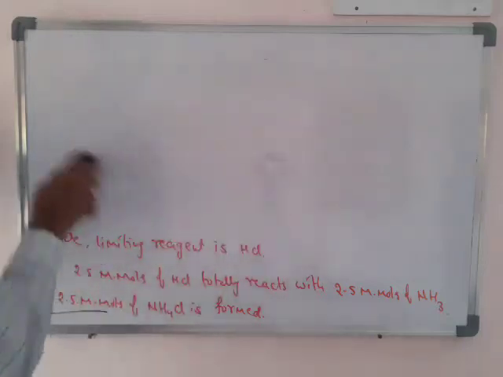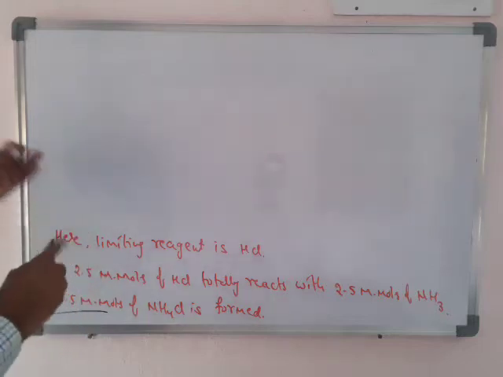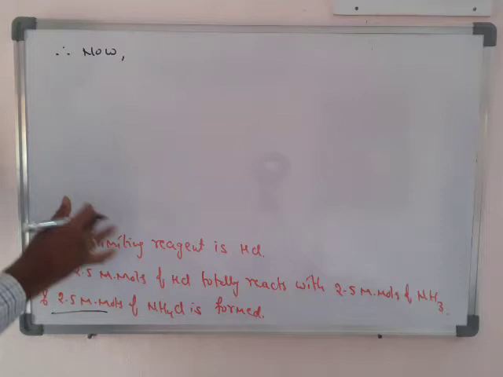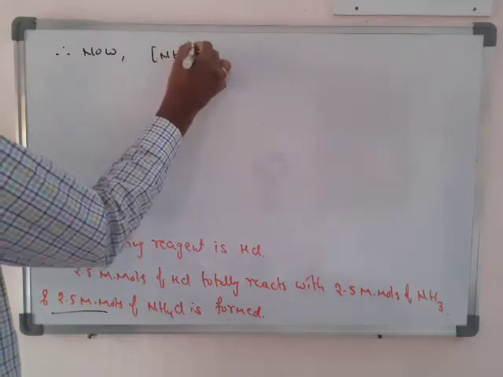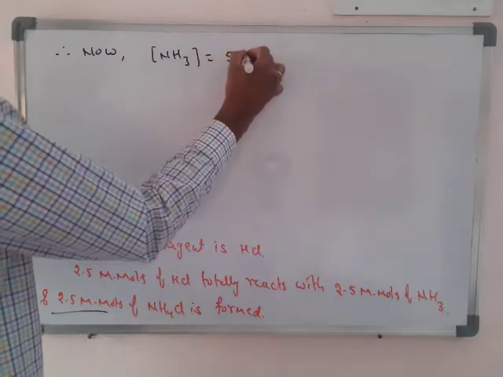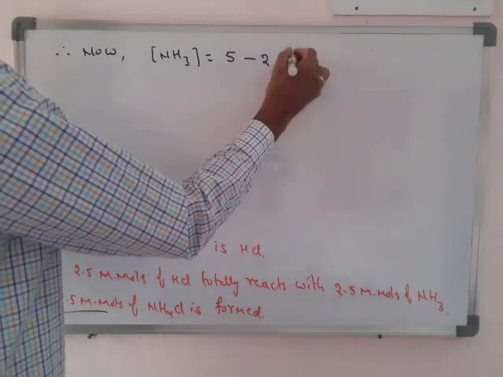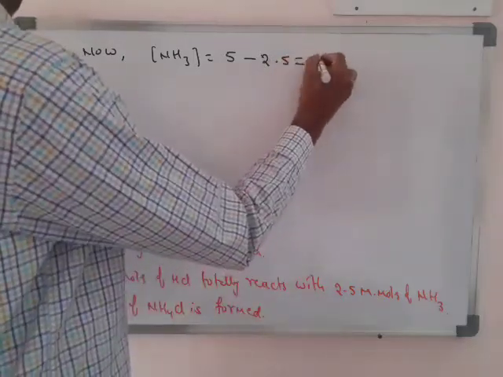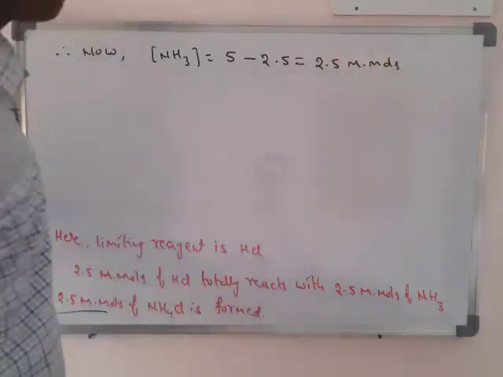Writing of this statement is very important. So after completion of the reaction, the NH3 present: starting 5 millimoles, the 2.5 is reacted, that is equal to 2.5 millimoles.